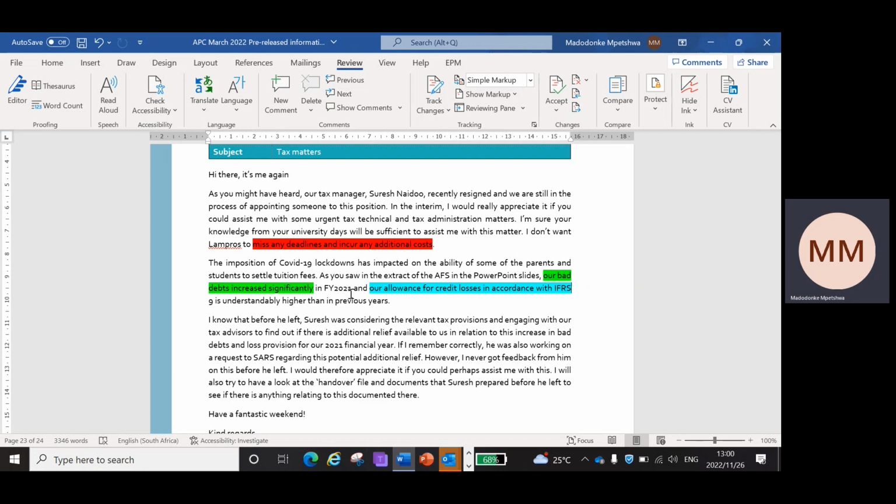Now reflect, what are the implications from a tax perspective? Okay.